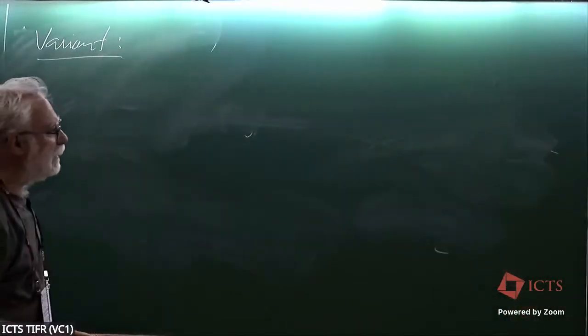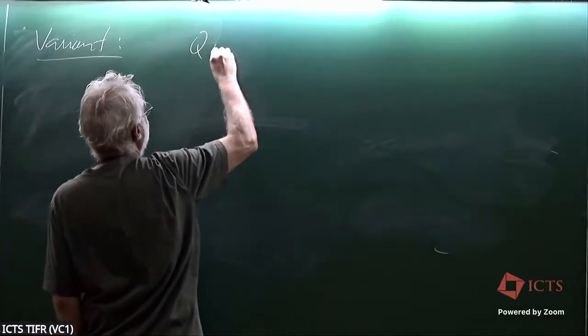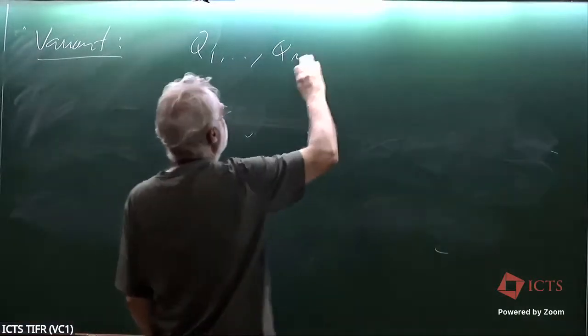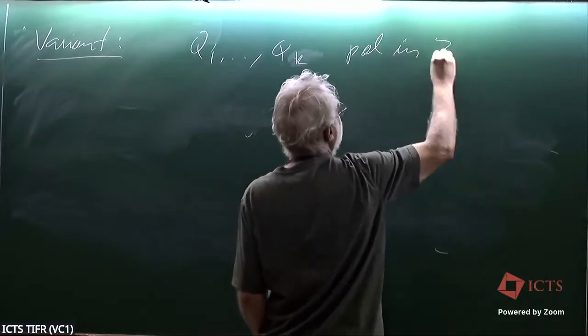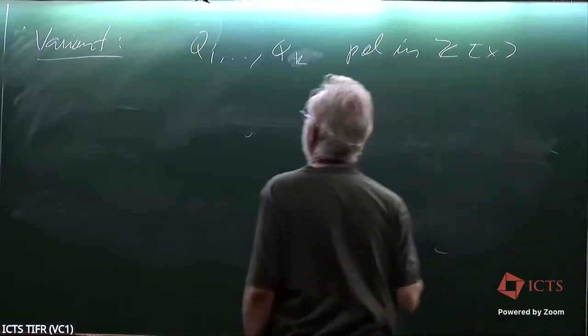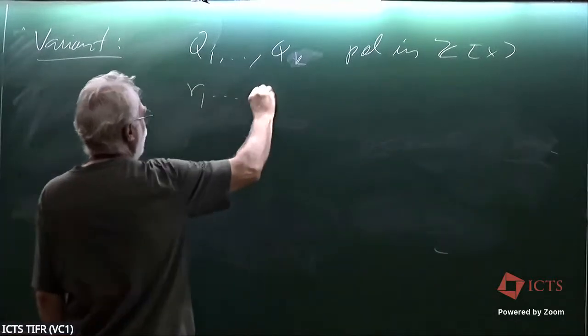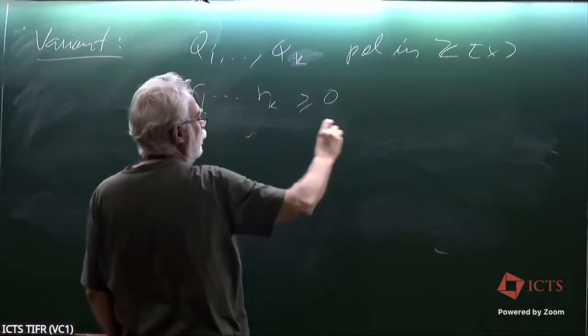I can look at Q1 up to Qn, polynomials, or Q sub k polynomials in set of X, and R1 up to Rk, real numbers greater than or equal to 0.